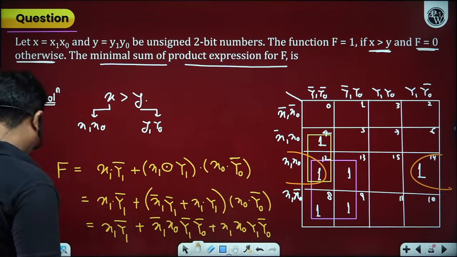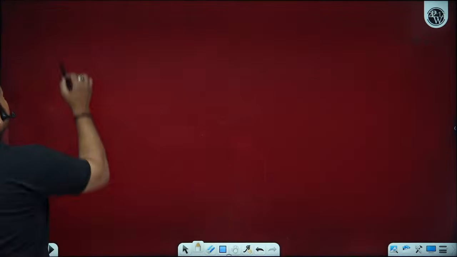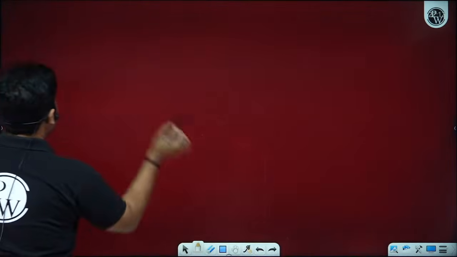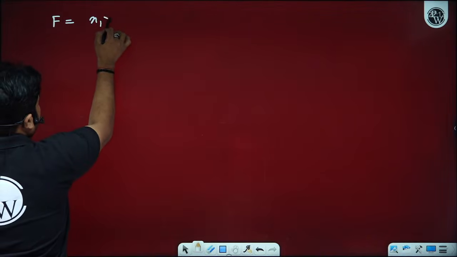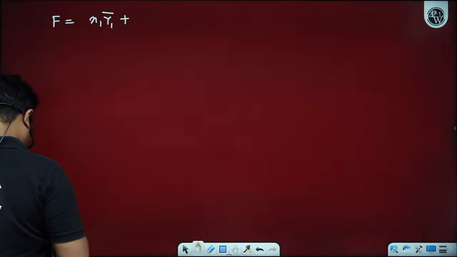First we have x1 y1 complement. So the minimized expression for the function f is x1 y1 complement. Is it okay? Yes, sir.